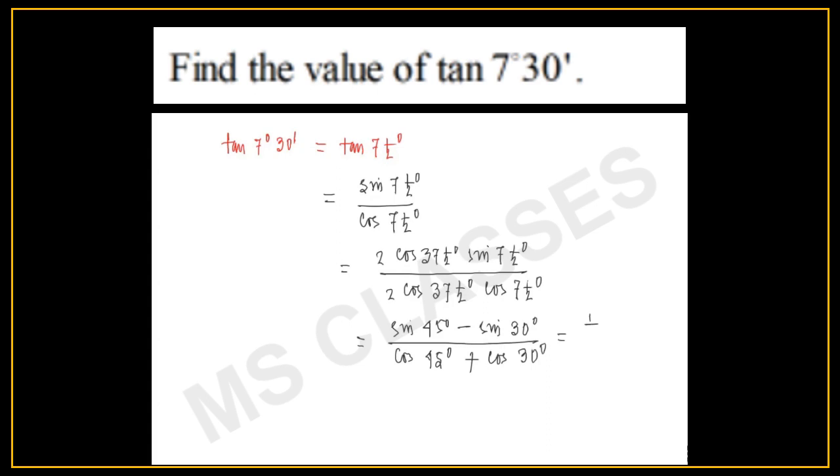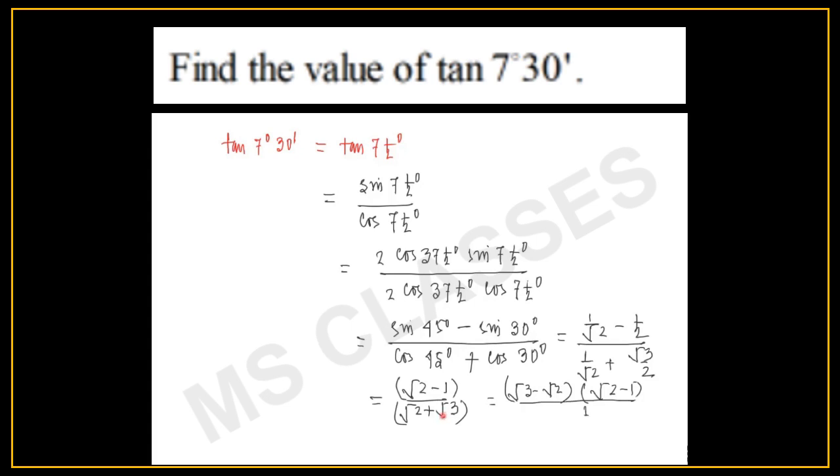Now this gives us (1 by root 2 minus 1 by 2) divided by (1 by root 2 plus root 3 by 2). Now this will give us (root 2 minus 1) by (root 2 plus root 3). Now here we multiply numerator and denominator by root 3 minus root 2, by 1 because 3 minus 2 is 1.